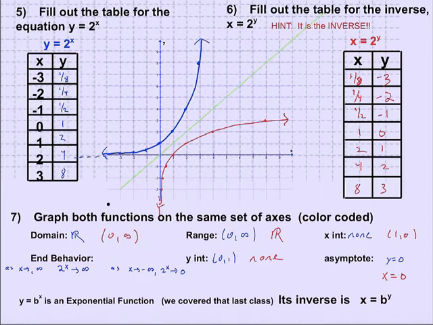Now, if I take my x and my y and I flip them around, if one approaches infinity and the other one approaches infinity, well, that's the same thing. As x approaches infinity, I can't call it 2 to the y. That doesn't really work. That's my x value. So I think I'm just going to call it f inverse approaches infinity.